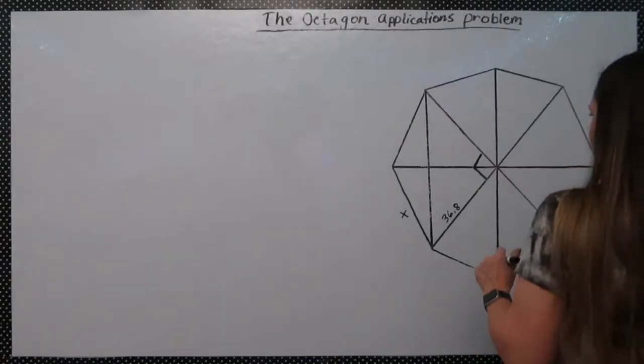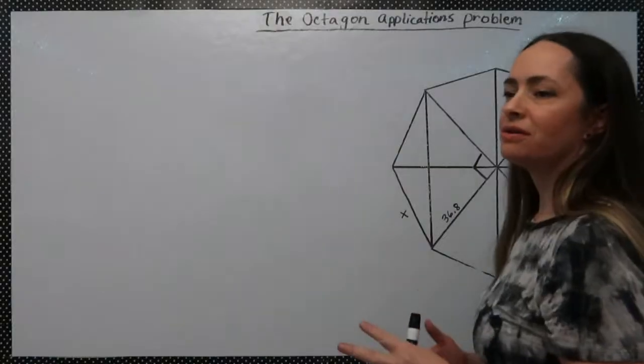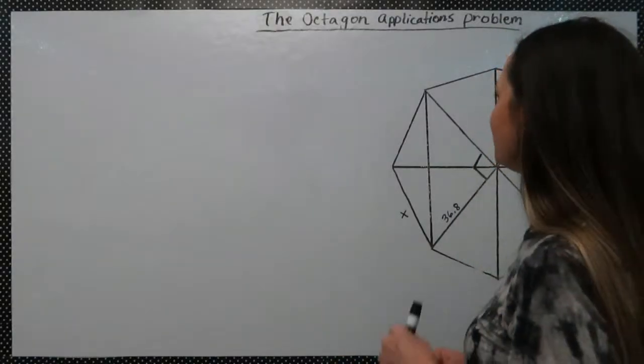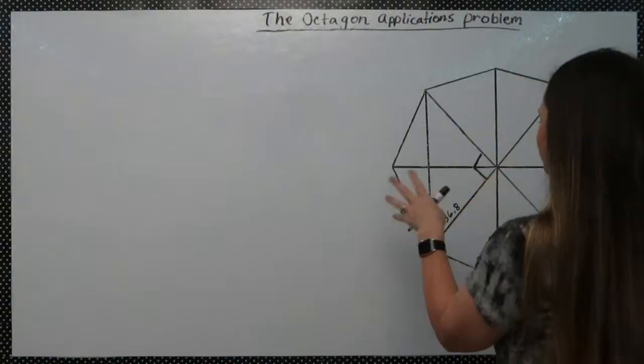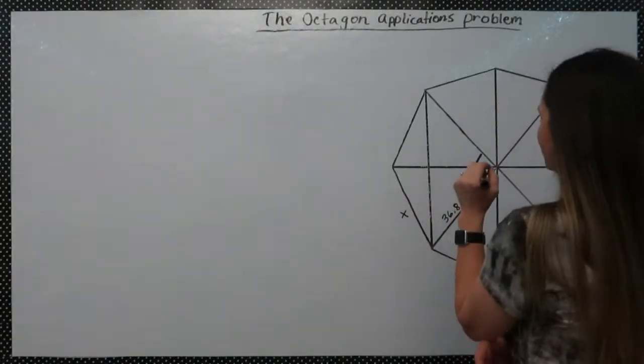And I had to watch a couple of videos to relearn the characteristics of a kite, and a kite has some characteristics about it and some symmetry.